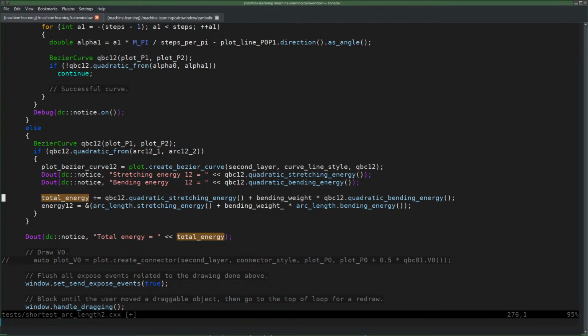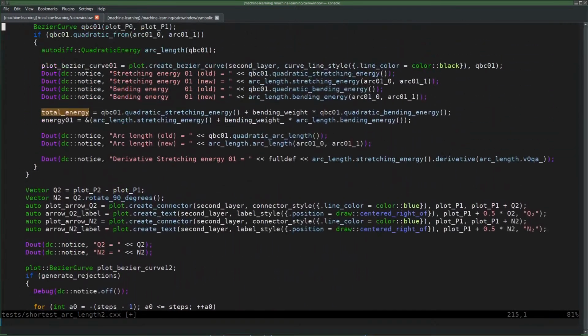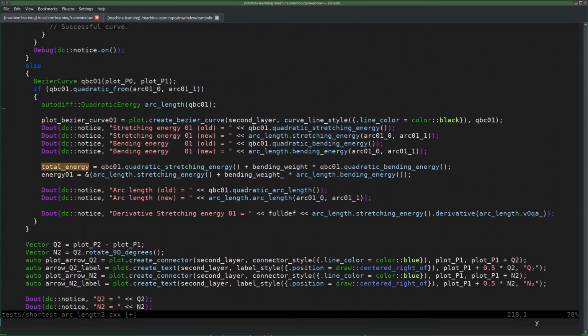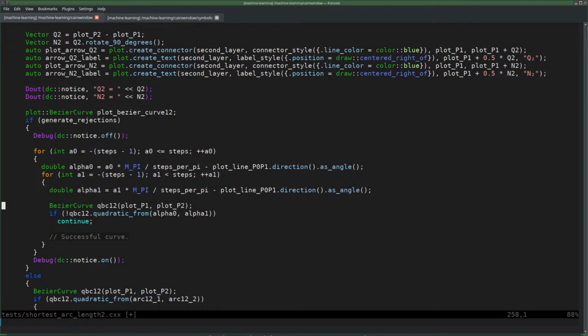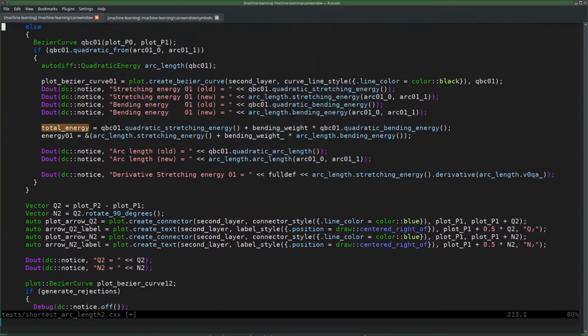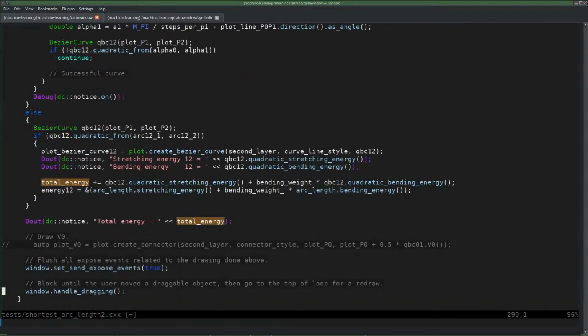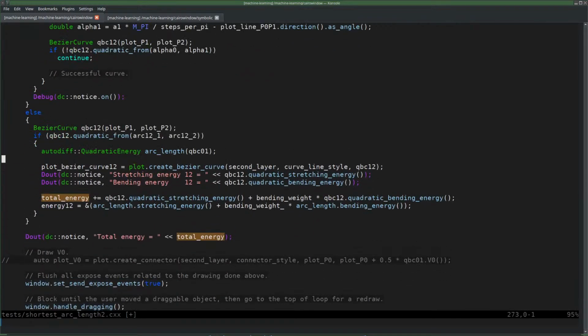I don't have a quadratic thing here yet. It's called arc length, I guess. Wait a minute, where's that done? Inside create quadratic from, and then we do this. Quadratic from, find a new arc length. It's actually not arc length, not the right word.